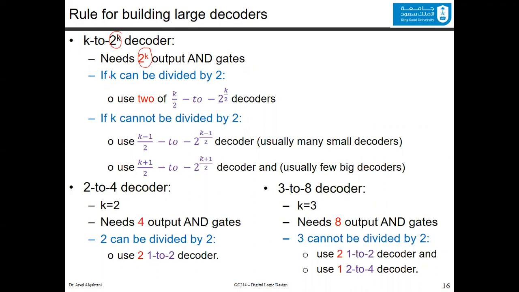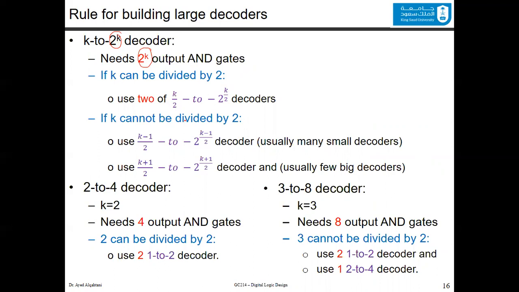If k, which is the number of input lines, is even, meaning divisible by 2, then you can use 2 versions of a smaller decoder. This smaller decoder will be k divided by 2 to 2 to the power of k divided by 2. So you will have 2 of them.